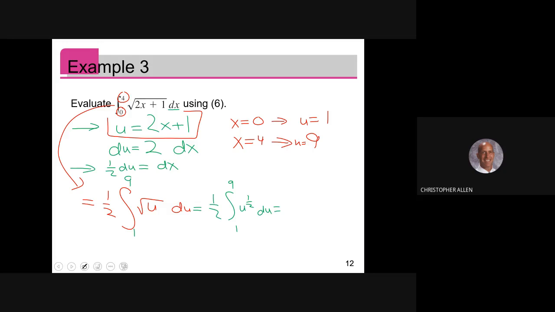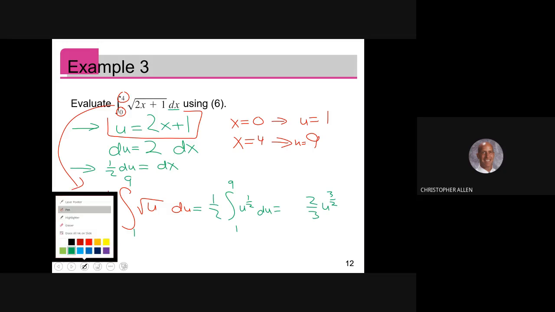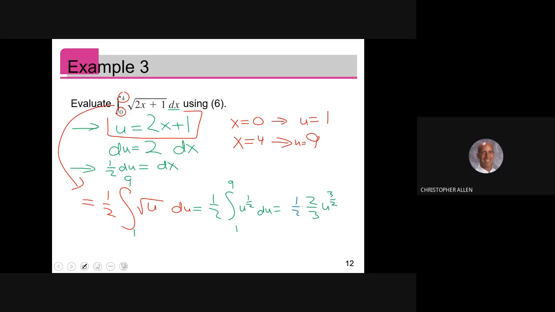And if I remember correctly, I think it was like 2/3 u to the 3/2, agreed? We did that earlier, so I'm kind of cheating a little bit. We did it, I think, on the very first example. Now, what I got to be careful of is what was still in the front there. You see that 1/2? It's still there, so it has to stay there. It doesn't just magically go away.